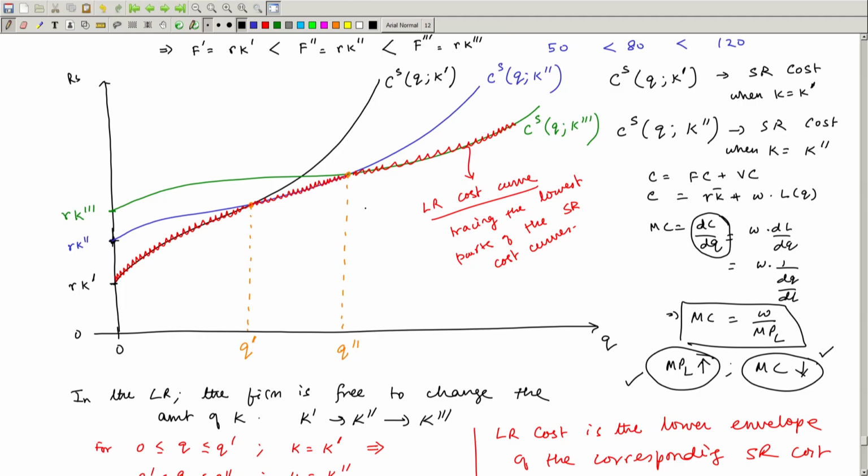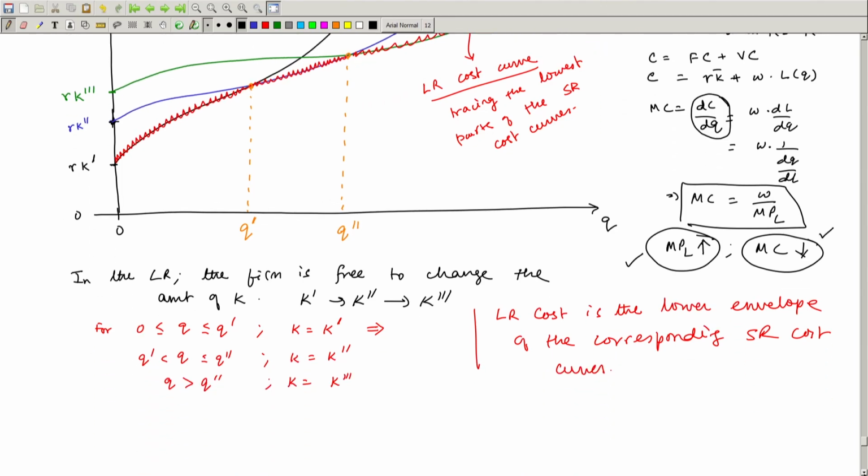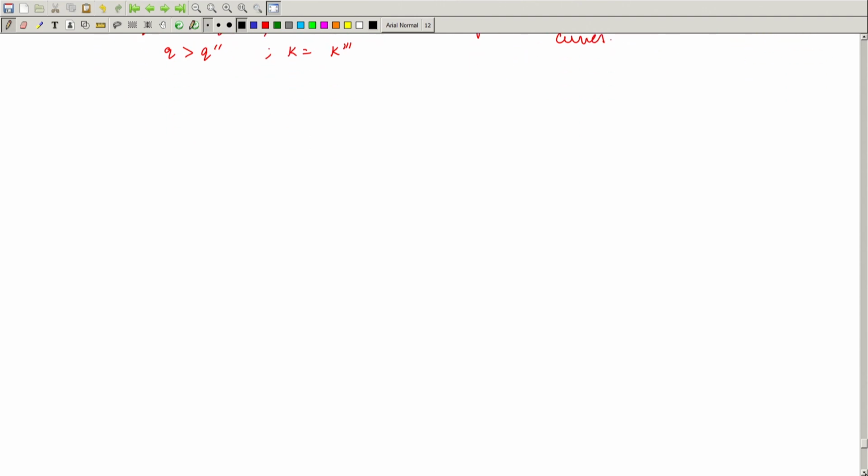Now, I mentioned towards the end of the lecture that the long run cost is the lower envelope of the corresponding short run cost curves. What I mean by that is that instead of just three different short run scenarios, if the firm could change k by very small amounts, right.